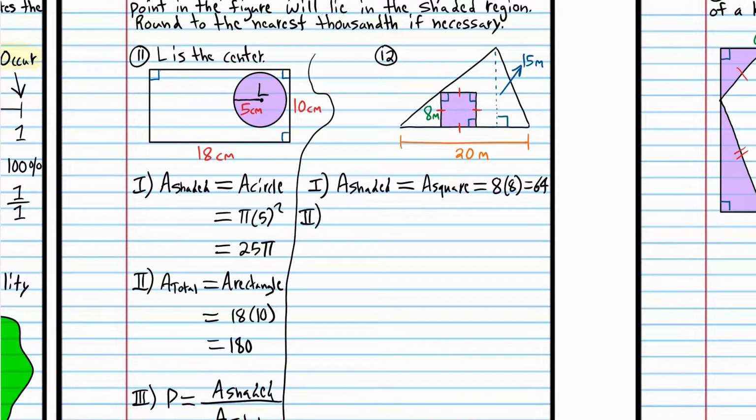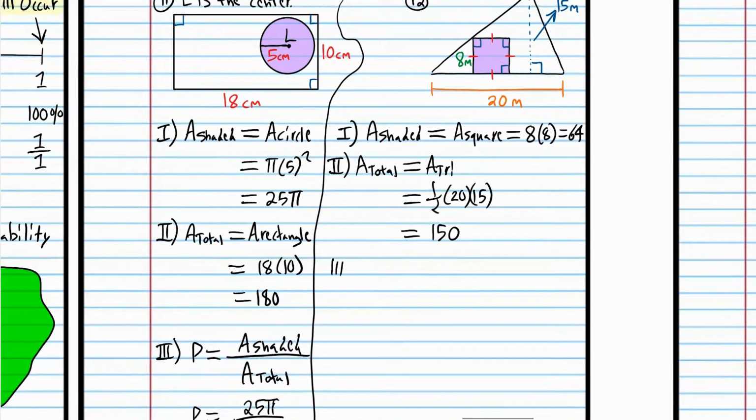And then we're going to find the total area, which is equal to the area of the triangle, which is equal to 1/2 base times height, which is equal to 150. Step 3, the probability. I want to move that down a little bit.